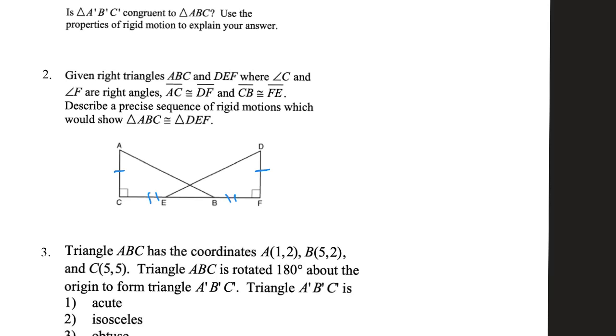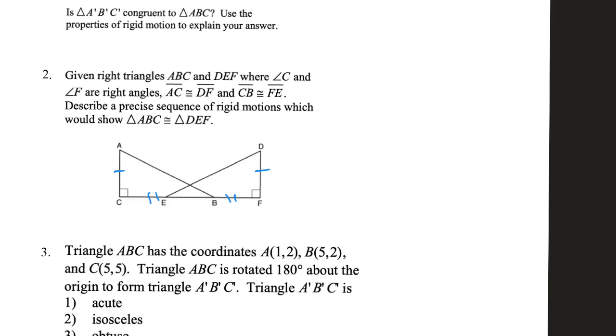Okay, and then describe a precise sequence of rigid motions that would show that ABC is congruent to DEF. So again, we just need to show a sequence of rigid motions that maps one of the triangles onto the other one, and therefore they are congruent.